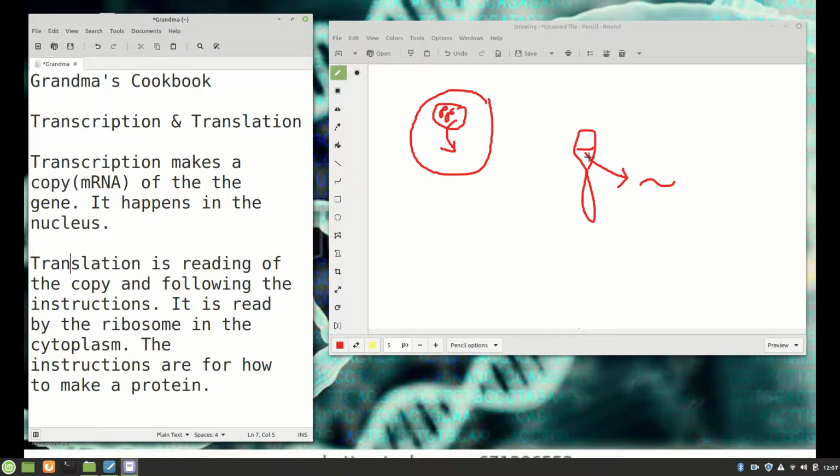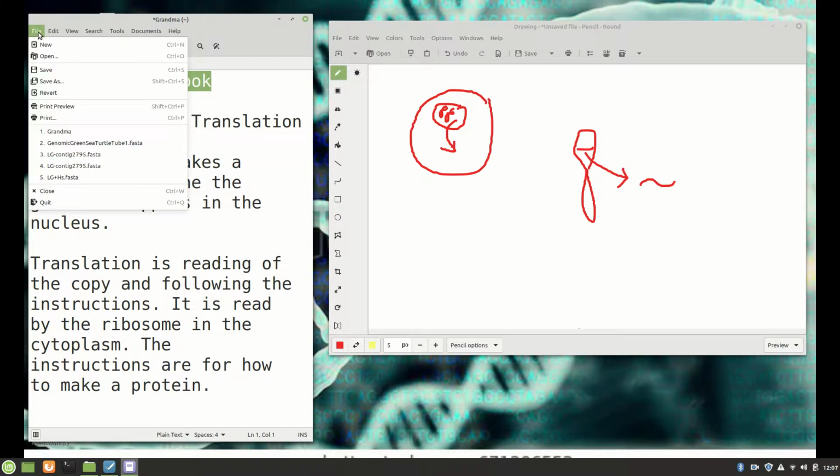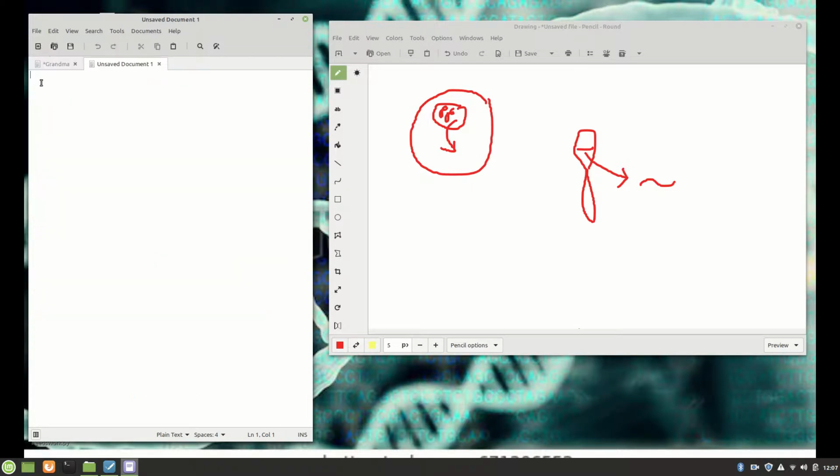And you need to understand how this process works. For this, we have an analogy in the story of Grandma's Cookbook. Now, in Grandma's Cookbook, we start by saying, where does it all happen? We say the DNA are recipes. They're actually recipes for making the proteins.